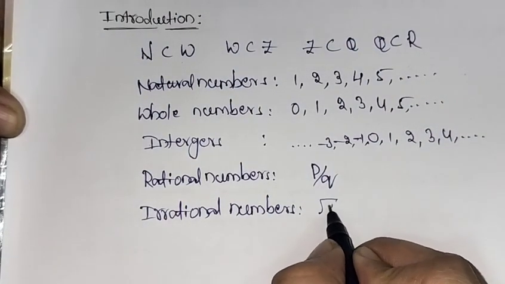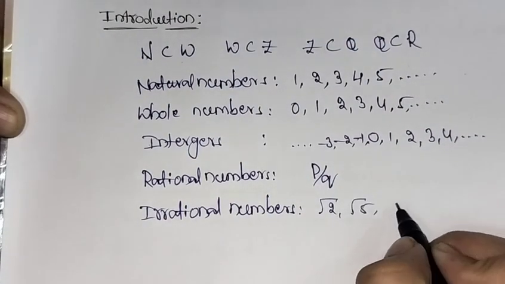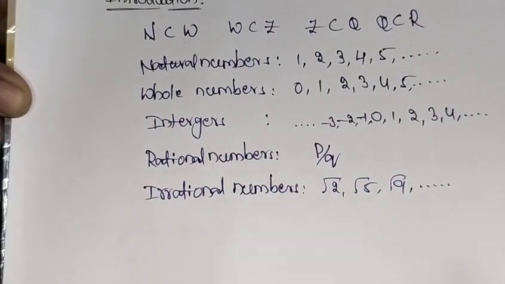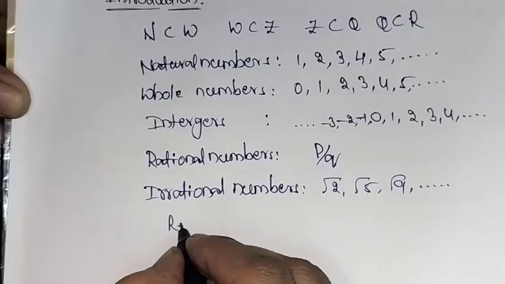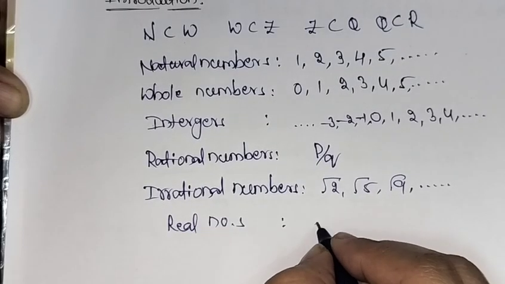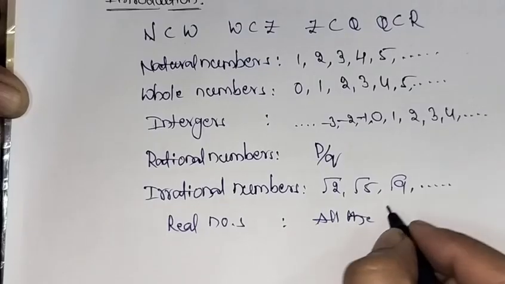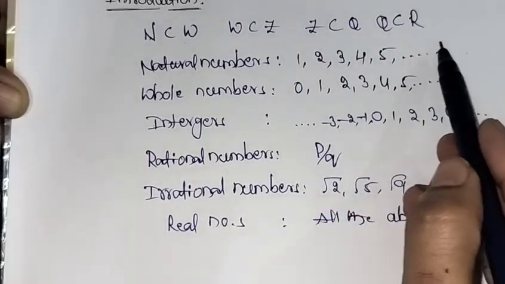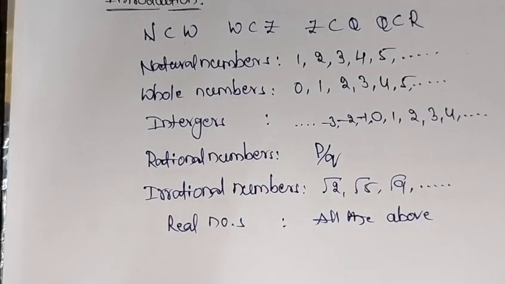Those are root 2, root 5, root 9 like this. Real numbers are all the above. These are all real numbers.